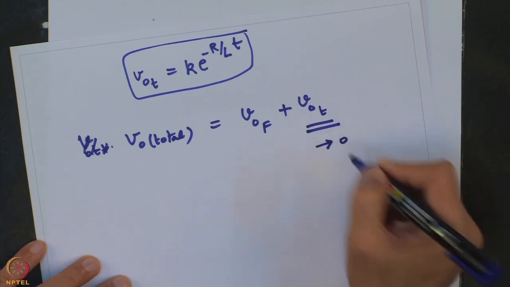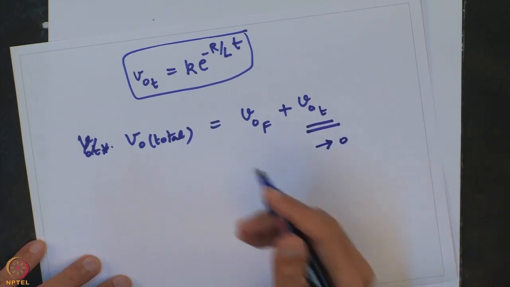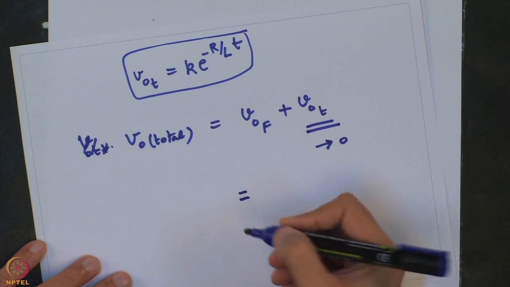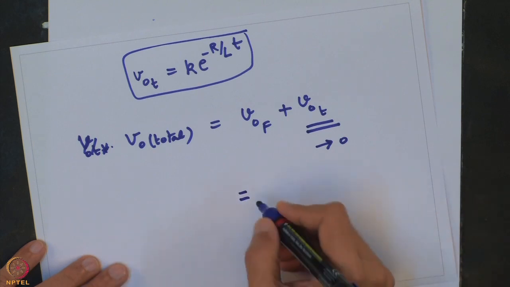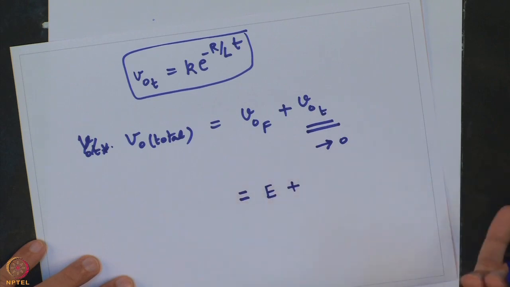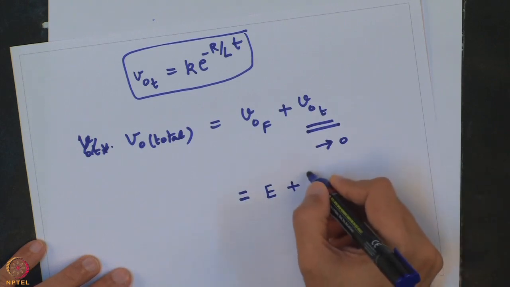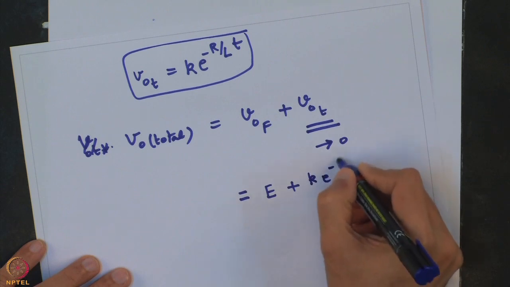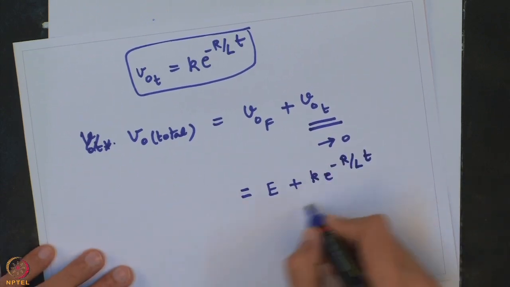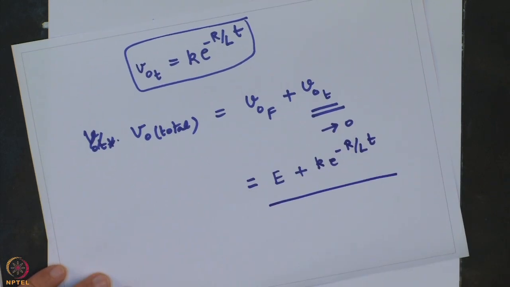It goes to 0 with time. So, as a long time elapses after the switch has been closed, this term will go to 0. So, by putting the values of V0F and V0T that we have obtained, we know that V0F is nothing but E and V0T is k times e raised to power minus R by L into t. So, we got this as the total solution.